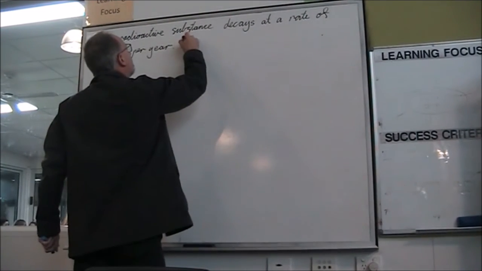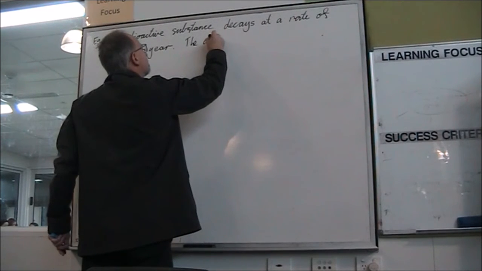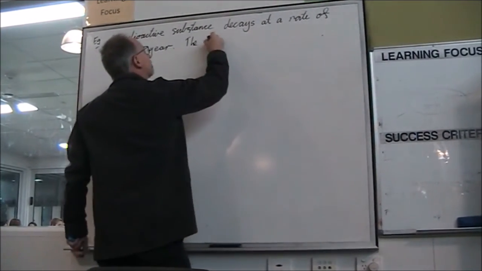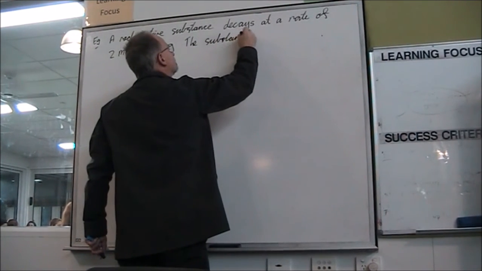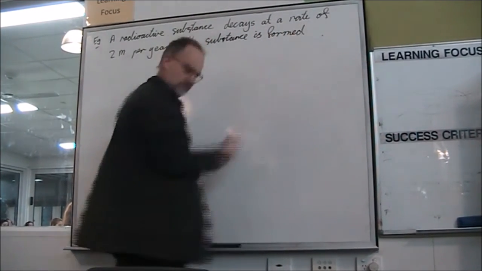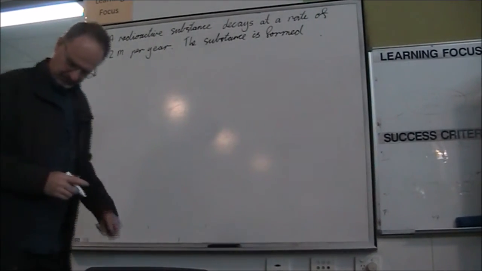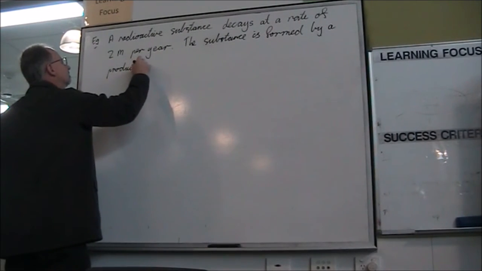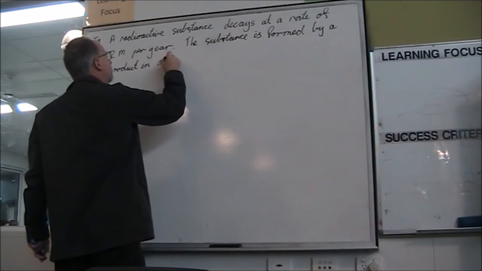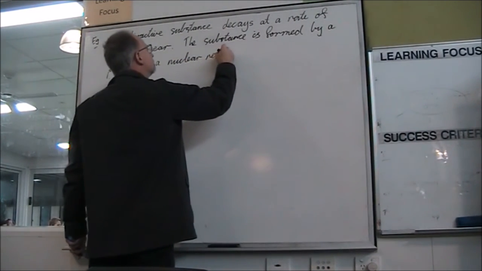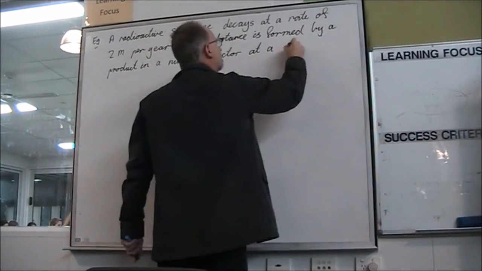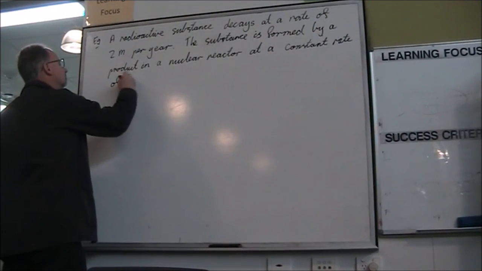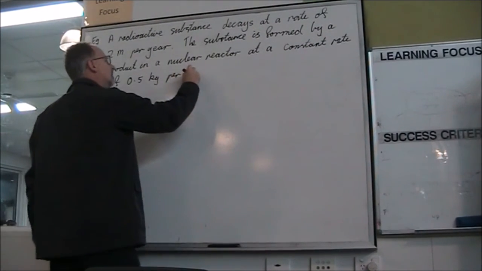So the isotope is formed by a product of a nuclear reactor at a constant rate of 0.5 kilogram per year.